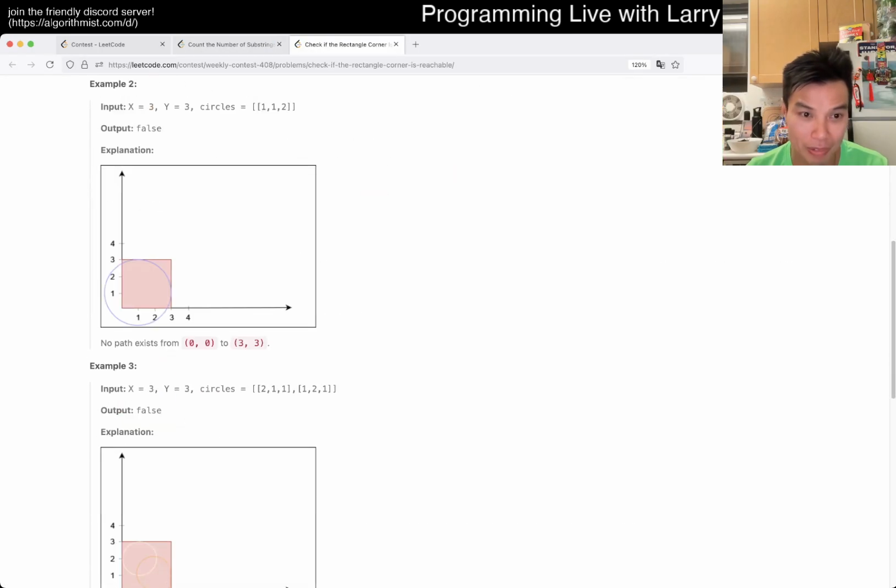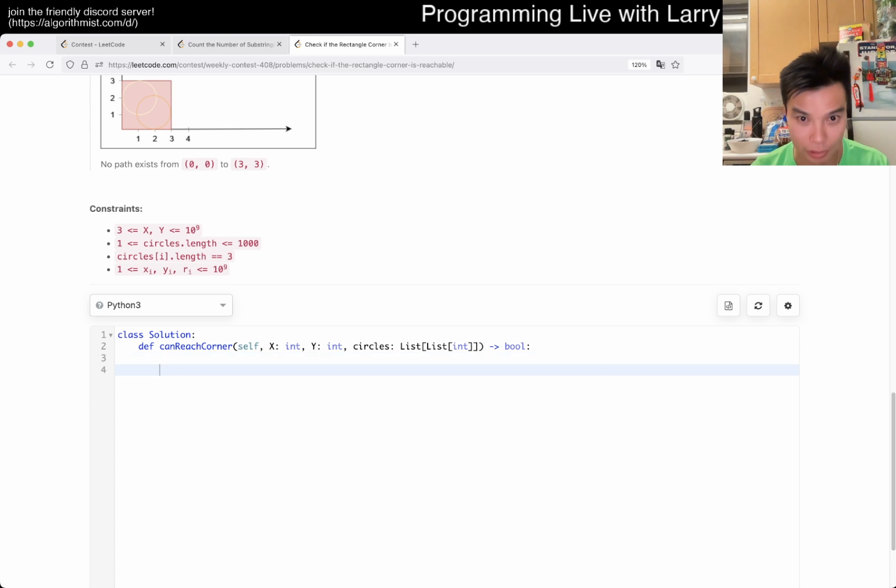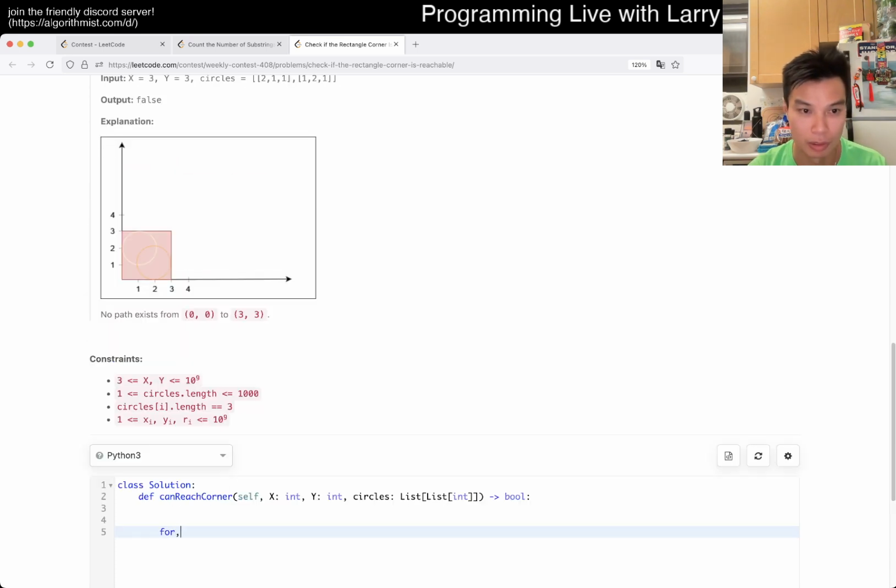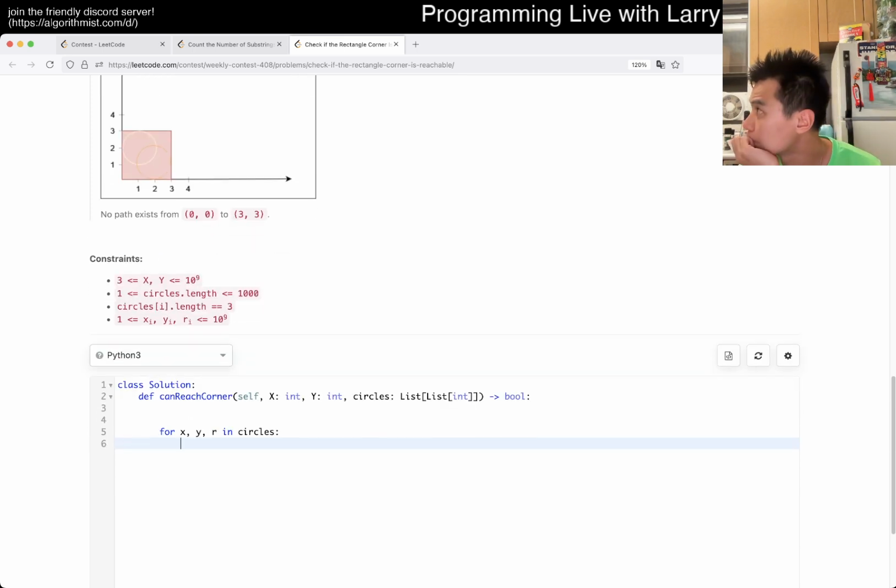Four people got it, so good for those 4 people. I'm going to have to do this focus line. Okay, 4. Square.